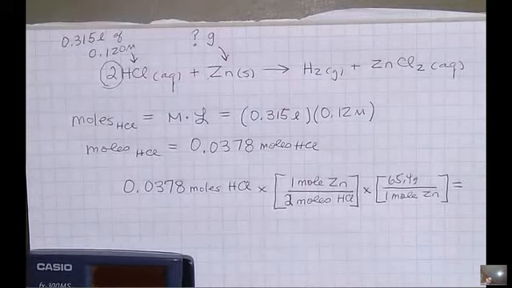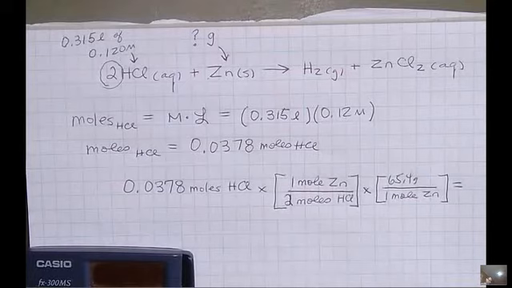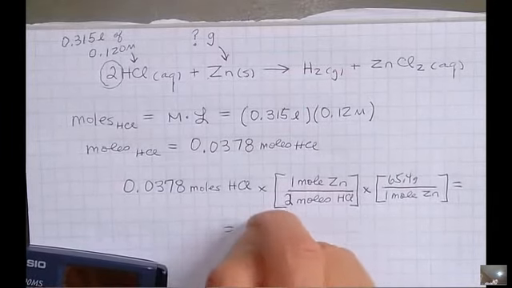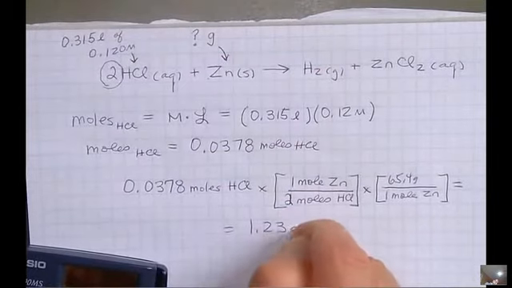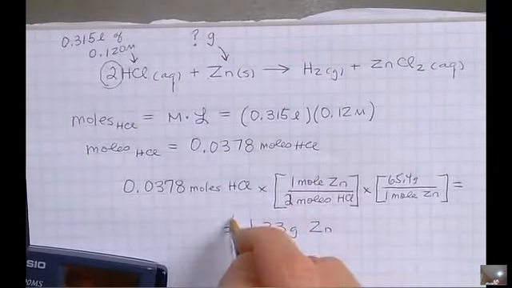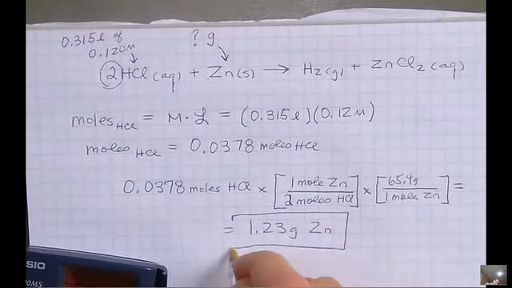Divide by 2 first, and multiply by 65.4. Okay, 1.23 grams of zinc would react in this situation. Okay, so let's go back.